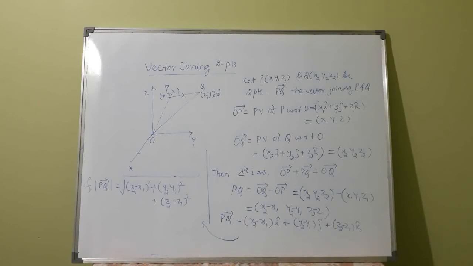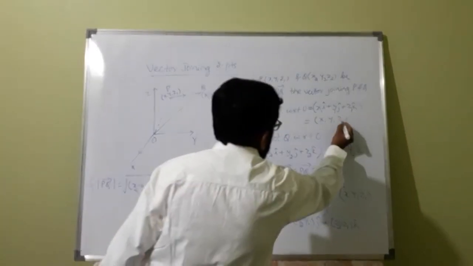OP is the position vector of P and OQ is the position vector of Q with respect to the origin. We have to find PQ. PQ is the vector obtained by joining P and Q. OP is (x1, y1, z1). OQ is (x2, y2, z2). Okay.